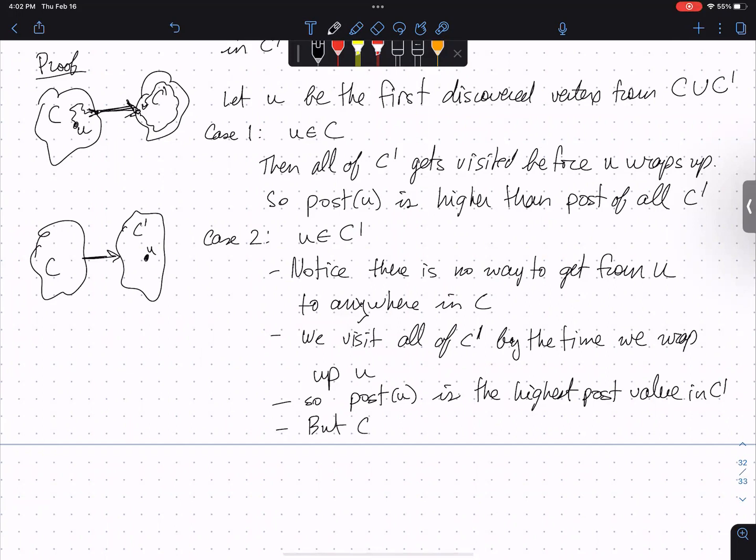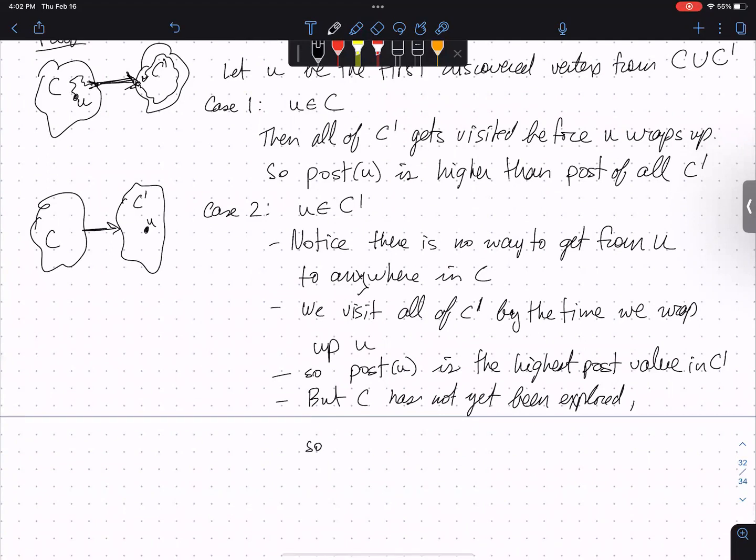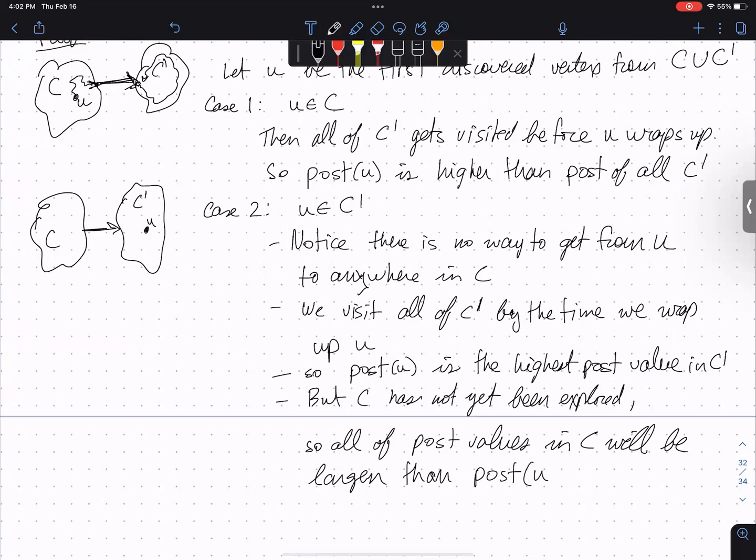C has not yet been explored. So all of the post values in C will be larger than post of U. End of proof.